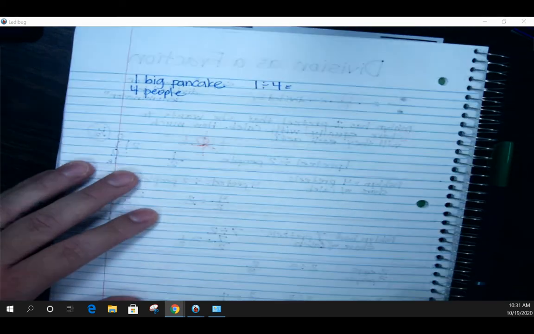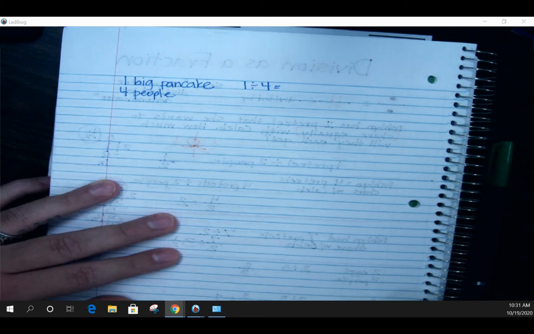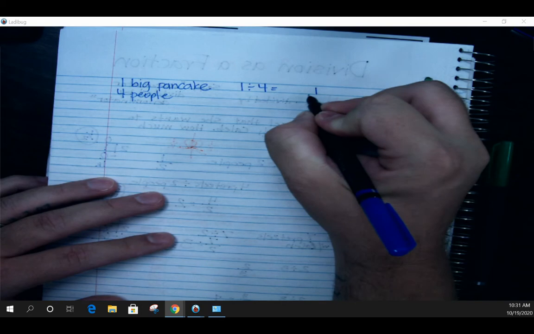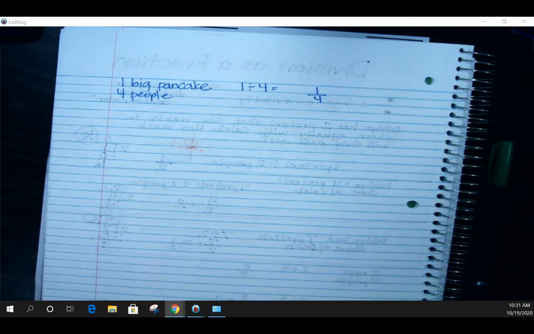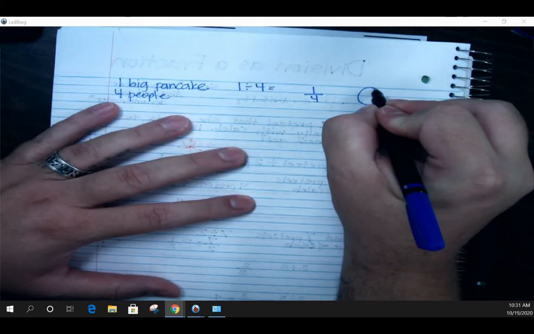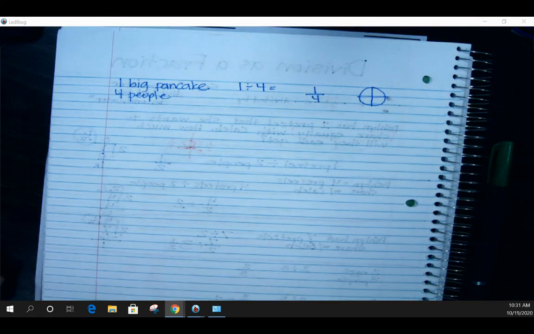Okay? And if I make that into a fraction, it's 1 divided by 4 or 1/4. I take that pancake and I slice it up for 4 people. And we each get 1/4.